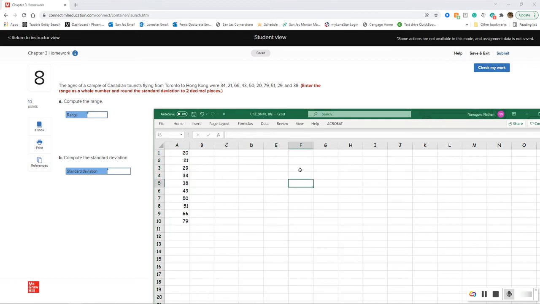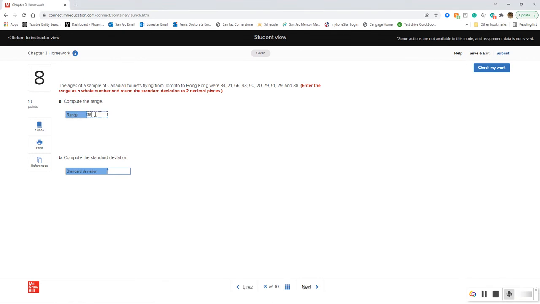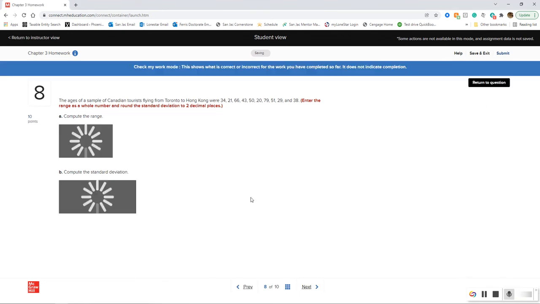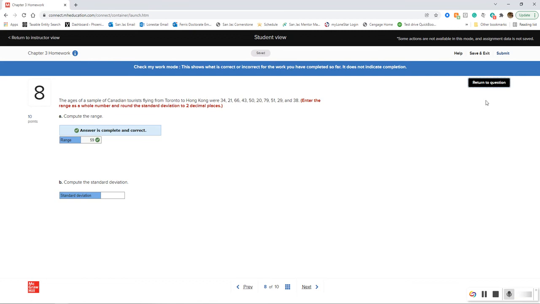And then we take the largest minus the smallest, the maximum minus the minimum. And we end up with 59. Check. Always check.